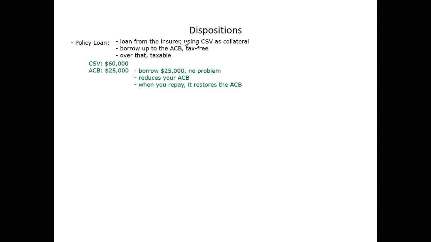But let's say you borrow $30,000, just for the sake of argument. Well, $5,000 of that is taxable. And now, when you repay, the first $5,000 is actually tax deductible.